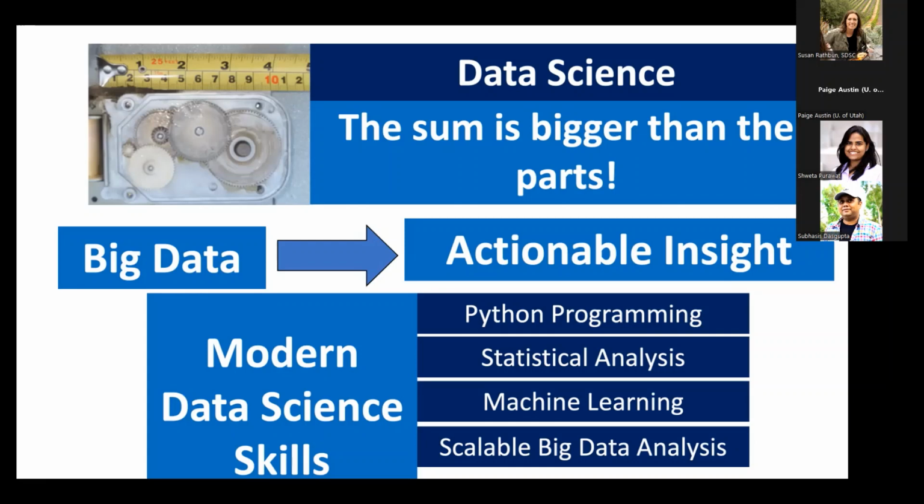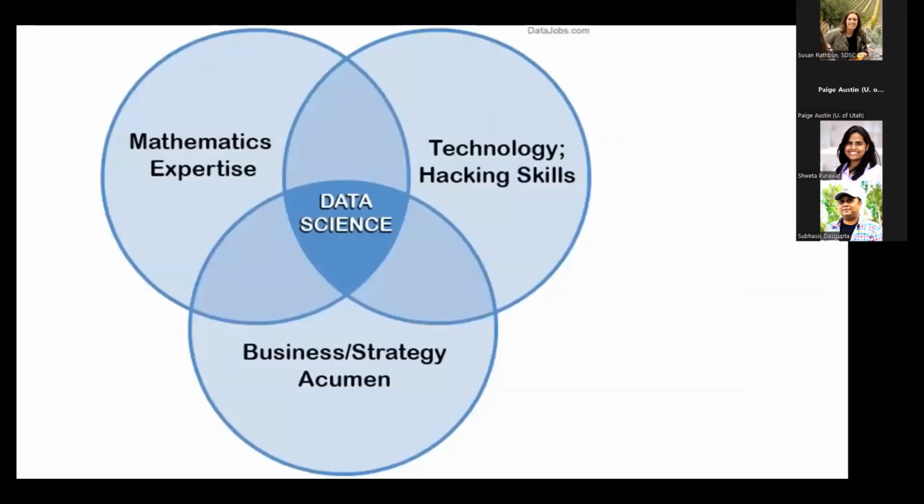It could require some kind of Python programming, statistical analysis, machine learning, scalable big data analysis to scale your AI models, and data preparation steps. We have seen mostly that data science requires mathematics expertise, technology hacking skills, and business and strategy acumen. And the intersection of that is data science.